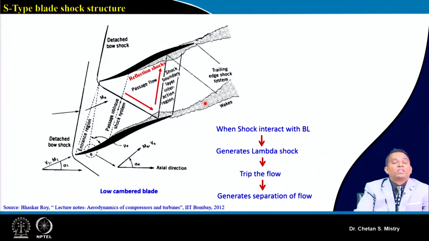If that condition goes off design, the aerofoil will work worst, and that will lead to very high losses. Losses is one thing, but as we have discussed, when surge happens, then the whole compressor will go under surge, and that will lead to failure of the engine. So we need to be careful about all these aspects.